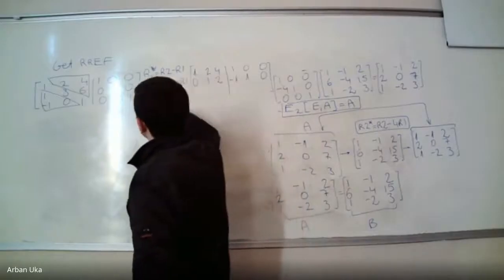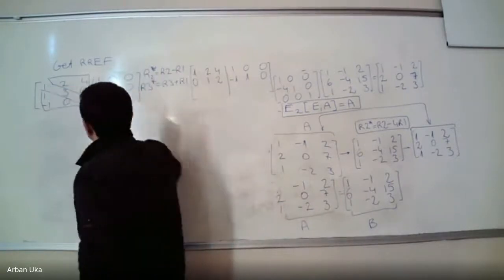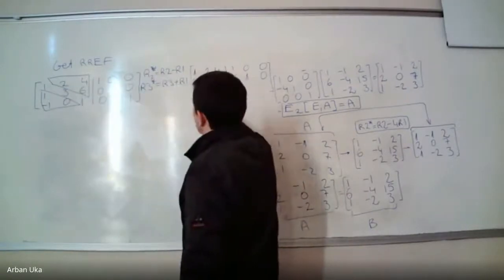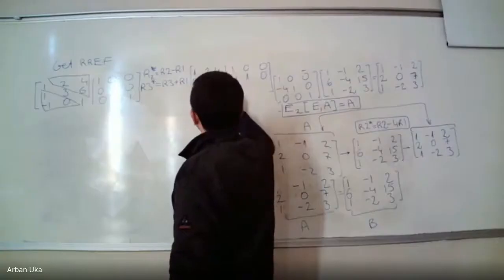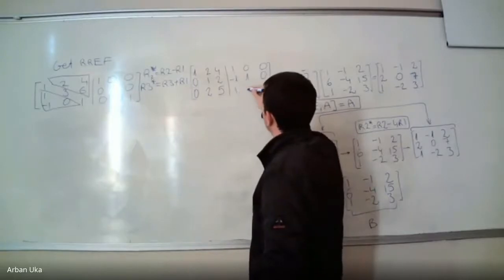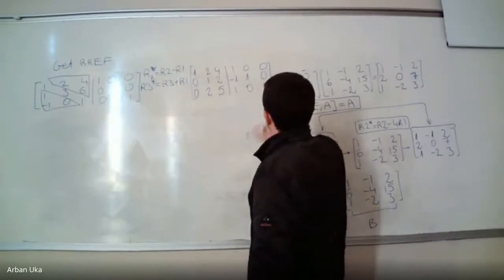Minus 1, 1. What about here? Row 1 plus row 3. We just add them together. What do we get here? 0, 2, 5. What about here? 1, 0, 1. We get this 1.